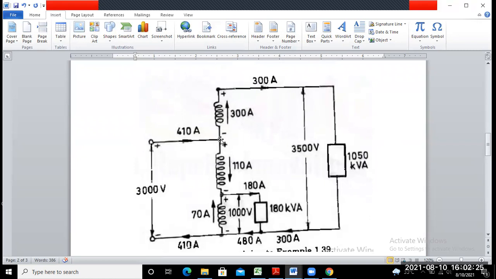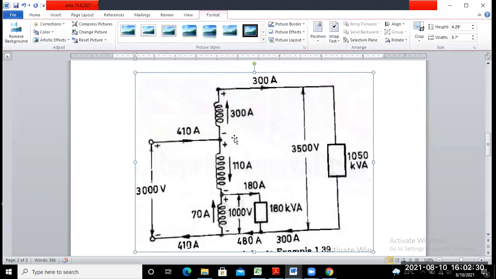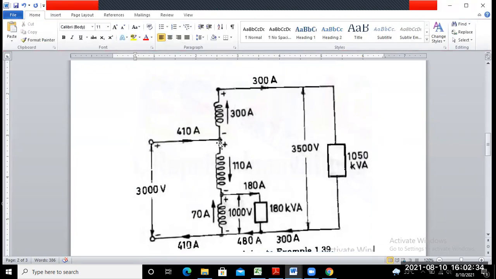If you consider this point as a node, represented by A, and this other point as B, then apply KCL at node A. We want to find how much current flows through this path.